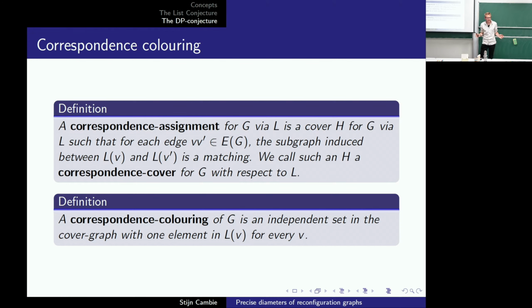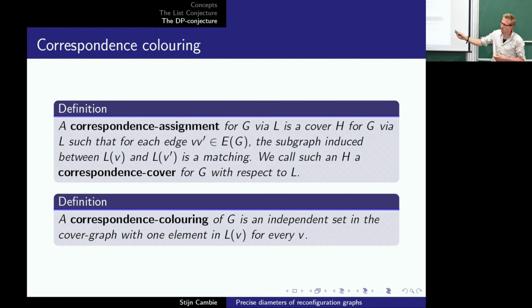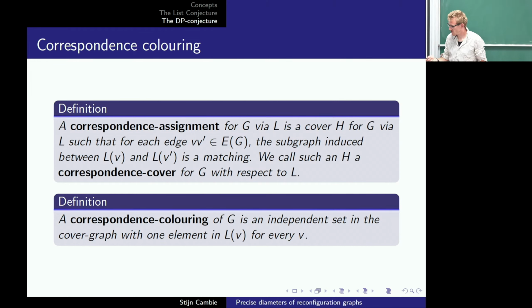It doesn't have to be a perfect matching, but that's the hardest case between the two lists. Okay. And once we do this for every pair of lists corresponding to 2 vertices which are neighbors, we get a correspondence cover which looked like the previous picture. And the correspondence coloring will be precisely 1 vertex of every blob, so that it forms an independent transversal. So it's an independent set in the cover graph with 1 element in every L V.